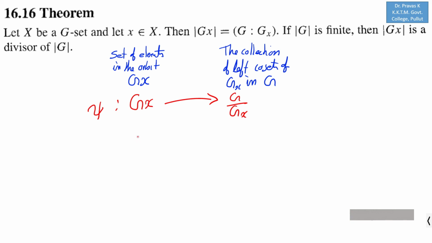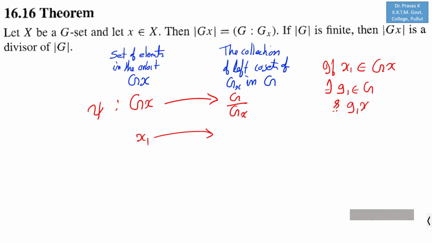If x1 is an element in the orbit Gx, we know that there is an element g1 in G such that g1x is x1. So x1 is taken to the coset g1 G_x under ψ.